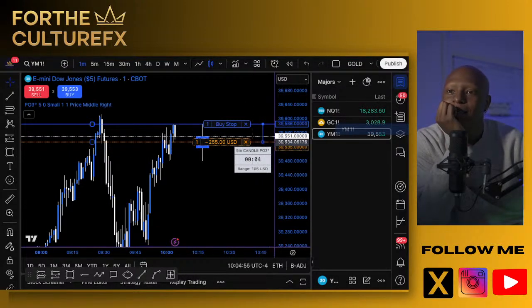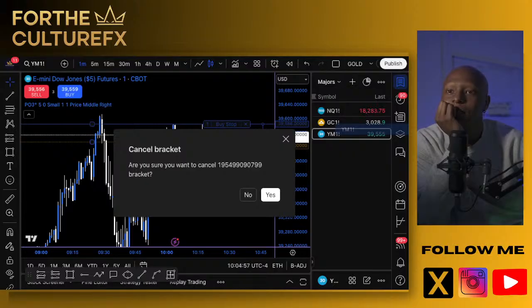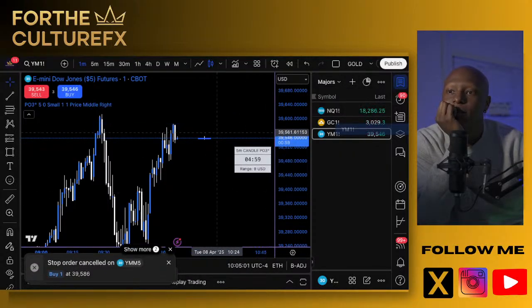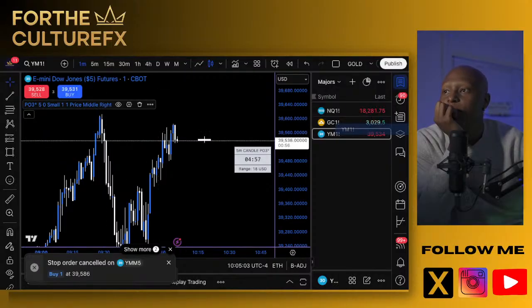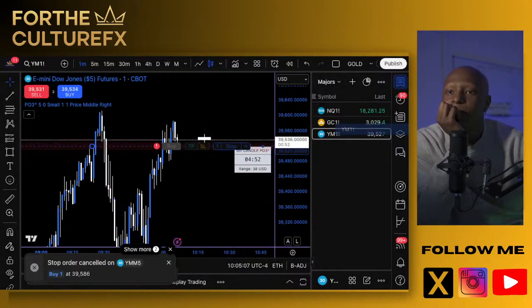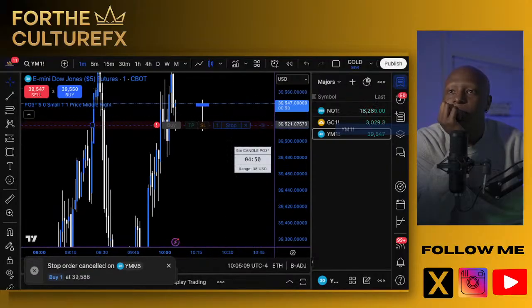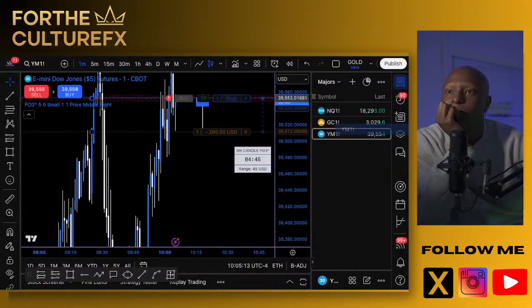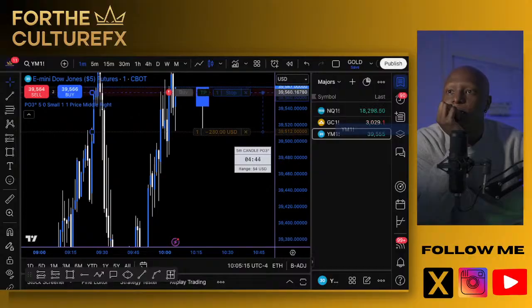Doesn't look like it. 5-minute candle is about to close bullish. We're going to modify this, but the 5-minute candle just closed bullish, so we could still take a possible buy on the first 1-minute candle that closes bullish within this 5-minute, which is looking like it might just be this right here.